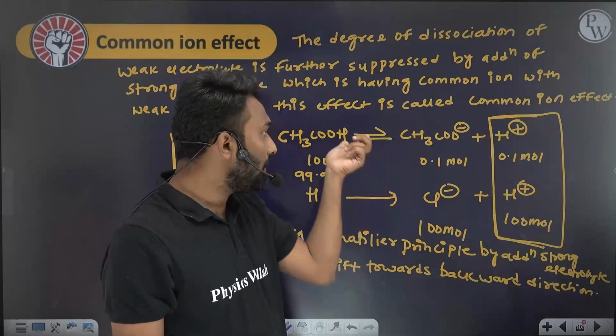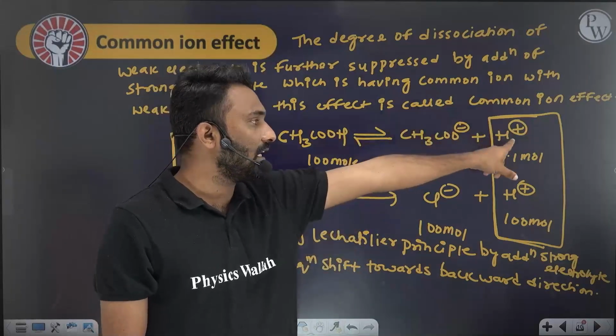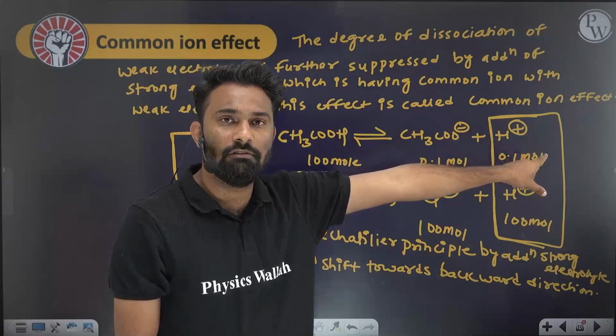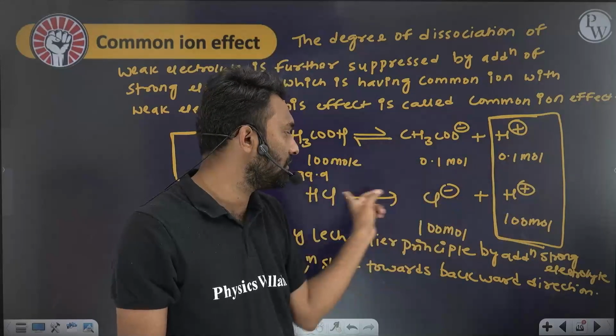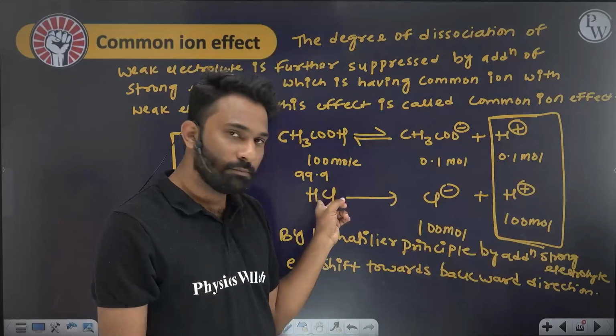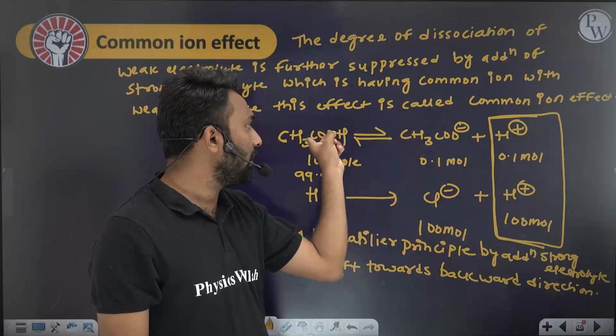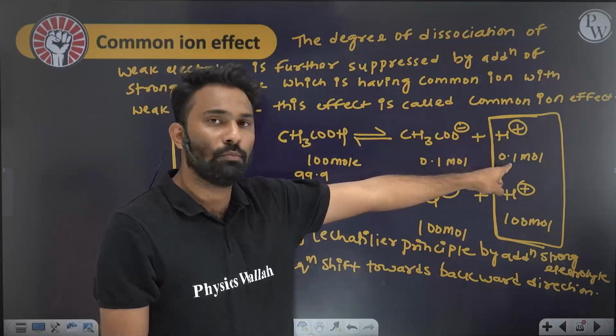Now in comparison with both, the weak electrolyte H plus ion concentration is very negligible compared to the strong electrolyte H plus ion concentration. Look here: strong electrolyte H plus ion concentration is 100 mole, weak electrolyte H plus ion concentration is 0.01 mole.